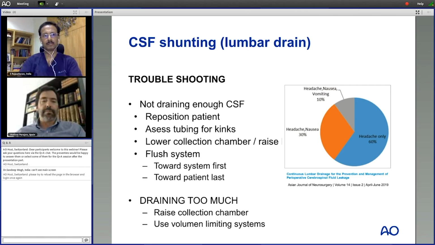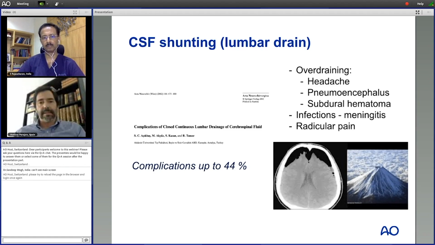We can also use volume-limiting systems to prevent overdraining and to prevent pneumocephalus. And in the cases that we see that the system is not draining properly, the patient must be repositioned and the collection chamber must be lowered, or we must flush the system. First, flush towards the system, and in the last step towards the patient, to avoid, again, complications like increasing the cerebral pressure or even meningitis.